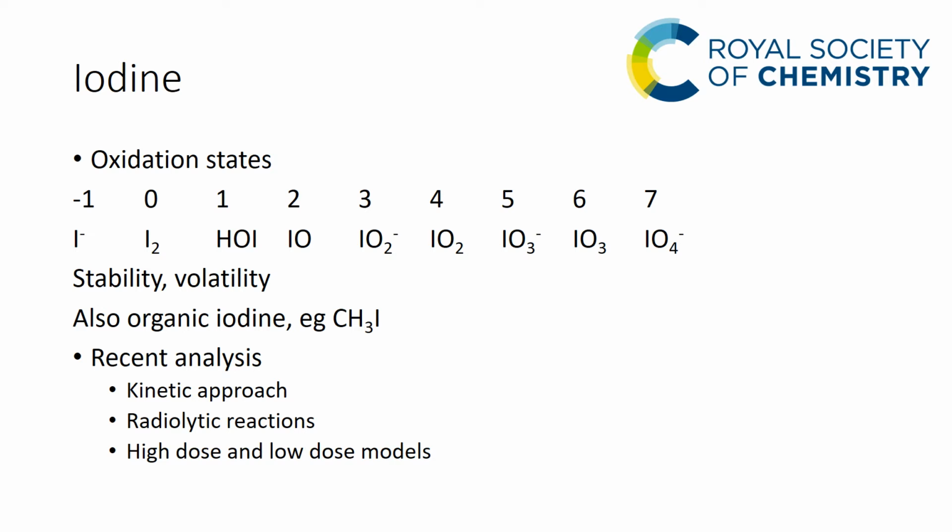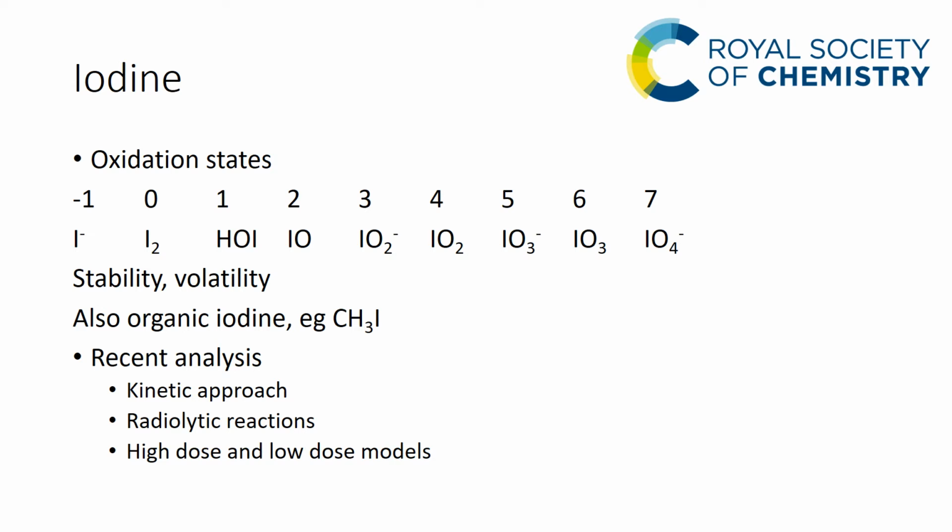The other species are free radicals, so they're in very low concentration, so they don't contribute to the volatility as such. Some of the stable species are volatile, of course, like I2 and HOI. We'll also have to consider organic iodine. Now, if iodine is released into containment, it can interact with organic matter, mainly painted surfaces, and produce organic iodine, such as methyl iodide, which is again a volatile species and can enter the gas phase.